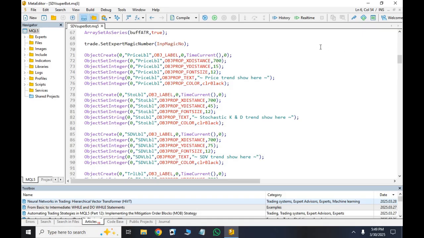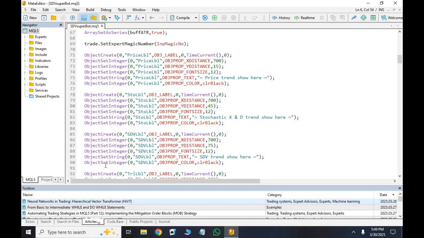It may not be at a suitable position for you. You can change these numbers and get the correct position, the correct place.